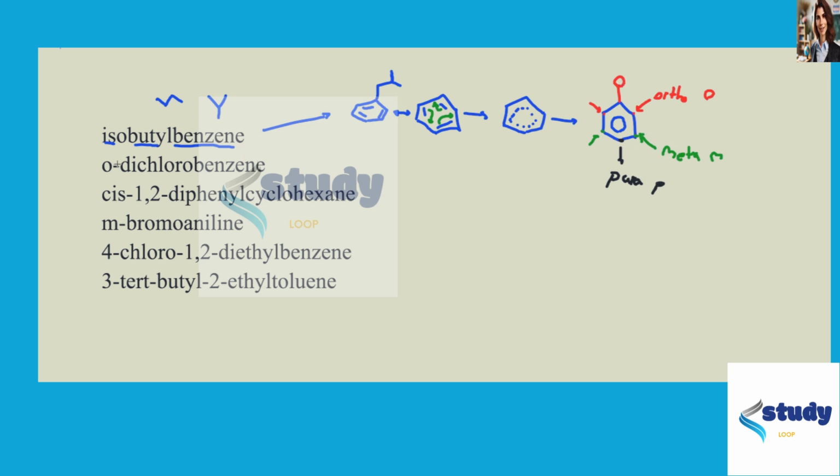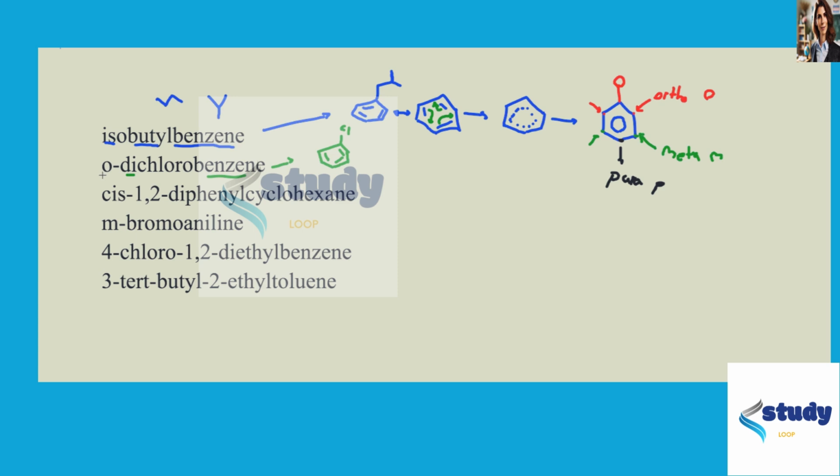So what does it mean by o? Ortho-dichlorobenzene. Well, we know right away it's going to be a benzene, and we have 2 chlorines. I'll just arbitrarily draw a chlorine on the top, but now it's dichloro, so where's the second chloro?